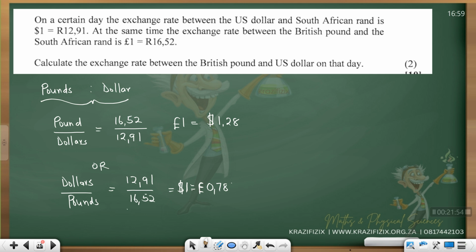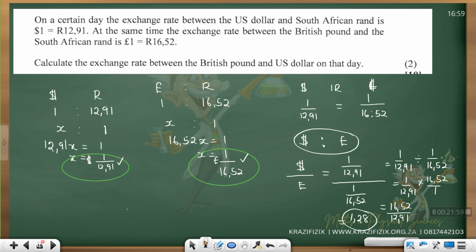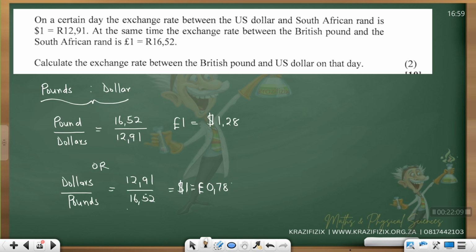So that's how we do it. We can just divide the ratios, which is what I was trying to explain. So the reason I did all of this page was to show you where we are going. Do you see the 1,28? If I convert both of them to rands, 1 rand, I can maneuver. But this is a lot simpler and easier. Okay.